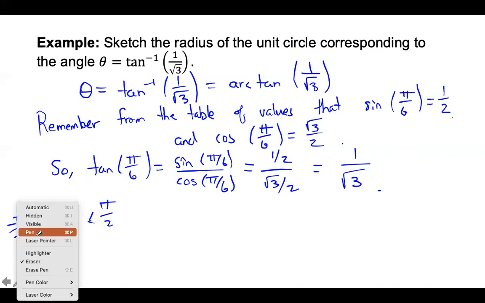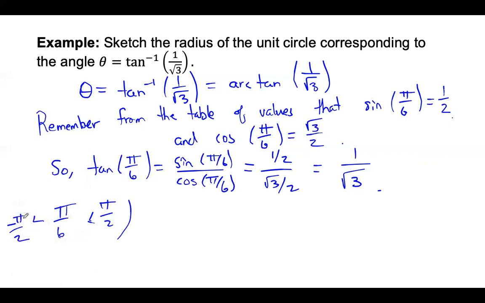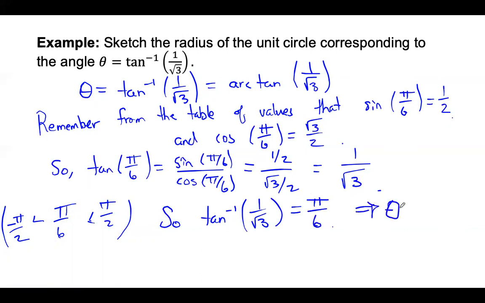It's in the domain. So this tan inverse is equal to pi divided by 6. This implies the angle is equal to pi divided by 6.